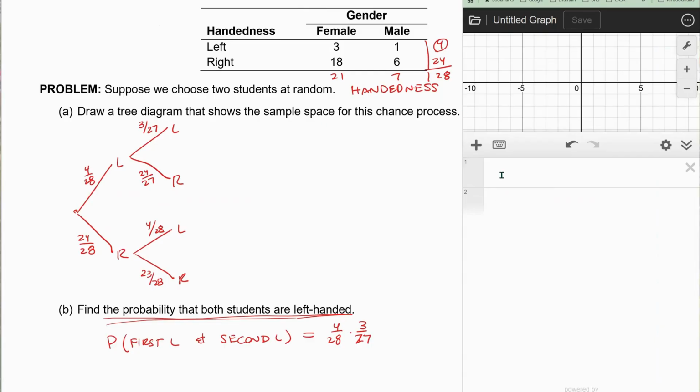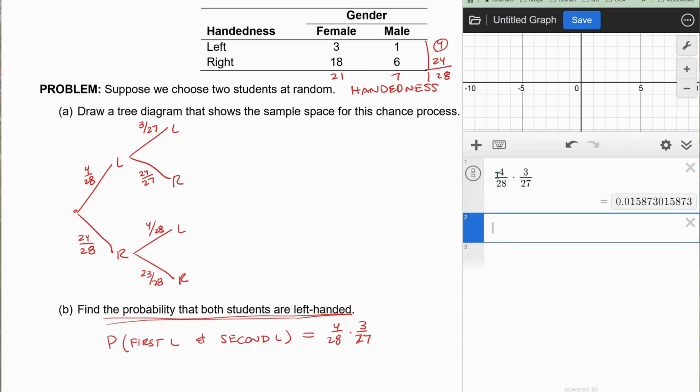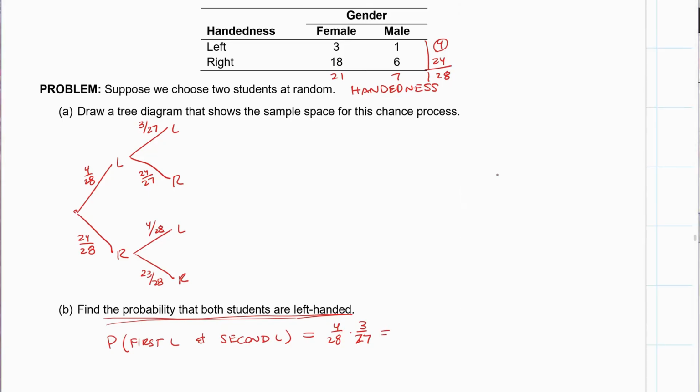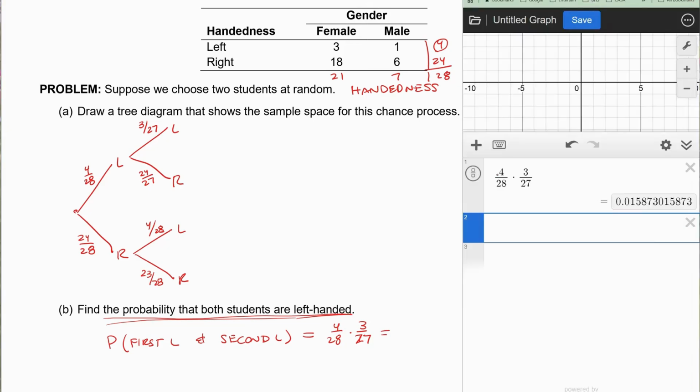Let's go over here. 4/28 times 3/27. Oh, there should be a multiplication there, not a plus. Let's multiply them. And I get the probability of getting two left-handed kids is about 0.159.